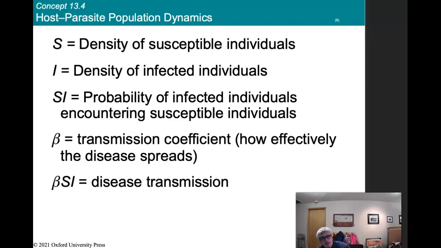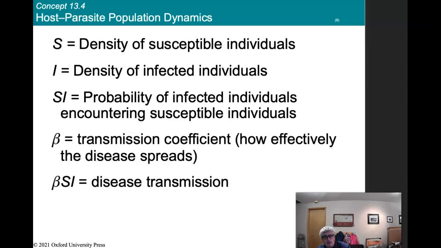So the density of susceptible individuals is S. The density of infected individuals is I. SI is the probability of infected individuals encountering susceptible individuals. And as density goes up, the probability of those two interacting also goes up.